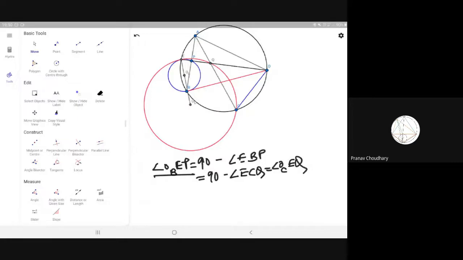Another approach is to take a tangent to the blue circle and prove that it is also tangent to the red circle using angle chasing repeatedly. That is another technique. I see.